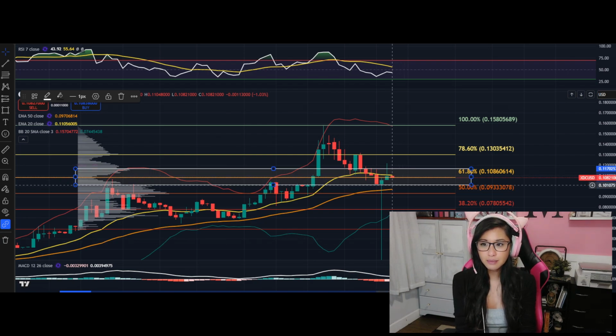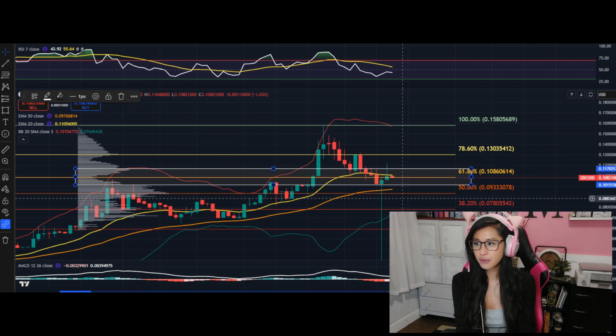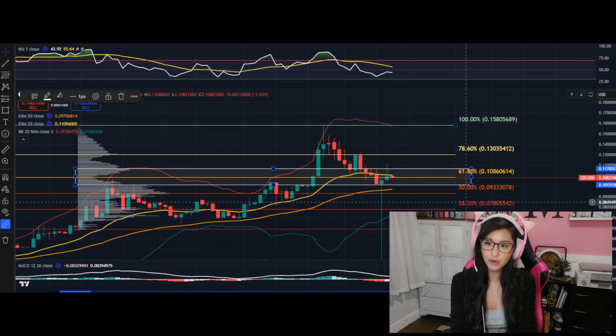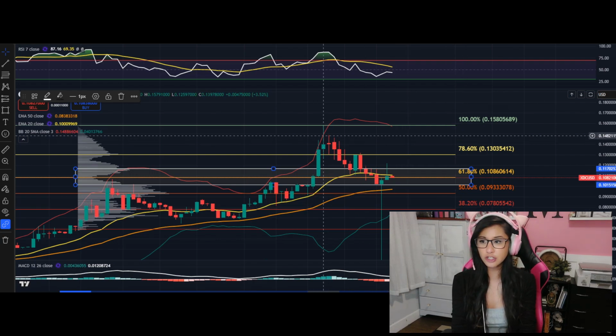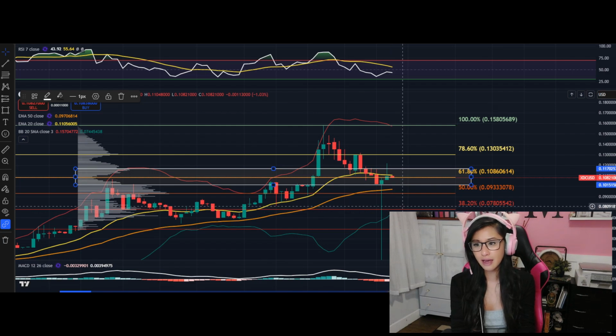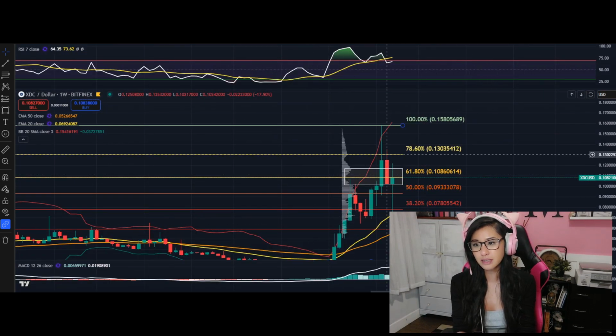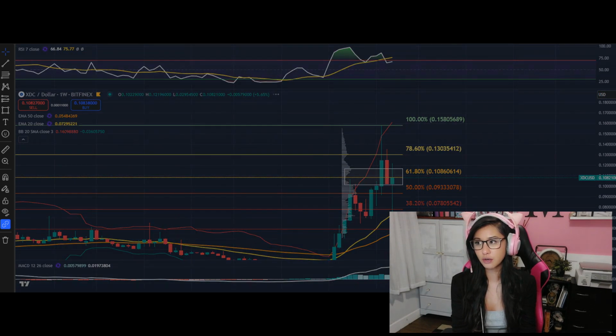If we're unable to hold that, I want to say max we can come down to is this little node here from our volume profile around 0.089 until we're able to see some significant support itself. But again, coming down and breaking that 38%, it's such a steep correction that it may essentially break this overall uptrend in the daily and may possibly come in danger on our weekly time frame.